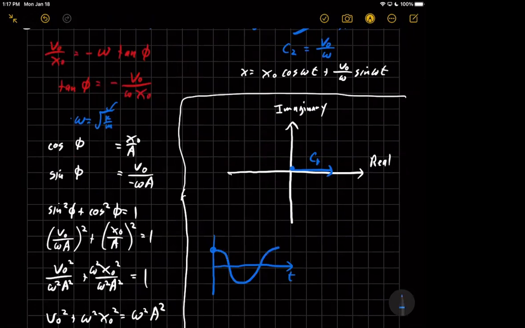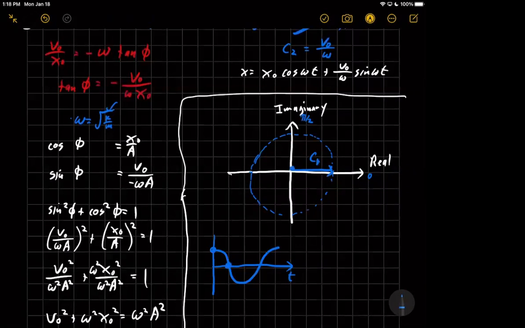So instead of pretending we have a cosine function, we can pretend that we have this phasor that rotates around in space. It's completely real when it's at the 0 position. When it's at the pi over 2 position, C1 would go away. Well, that's exactly what the cosine function does at pi over 2.